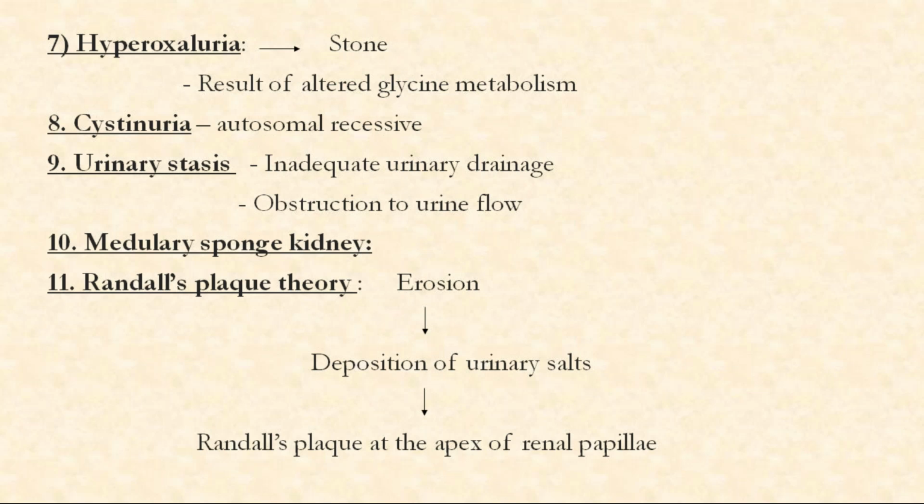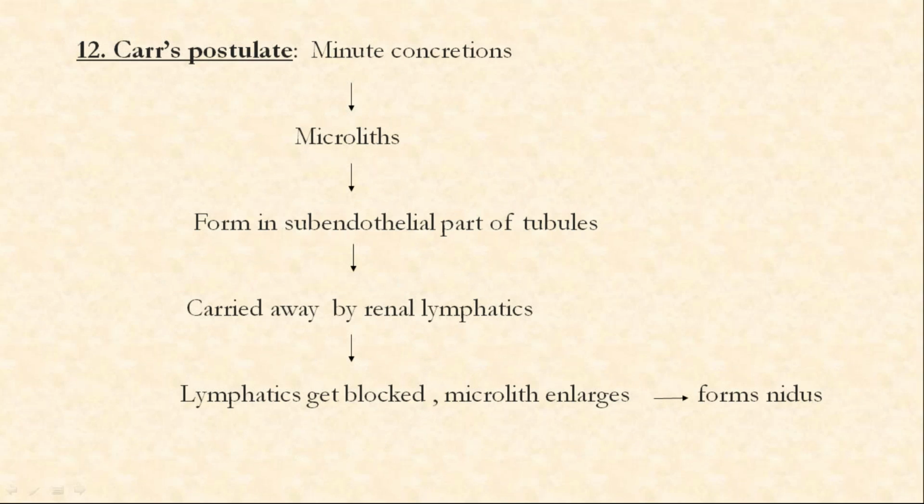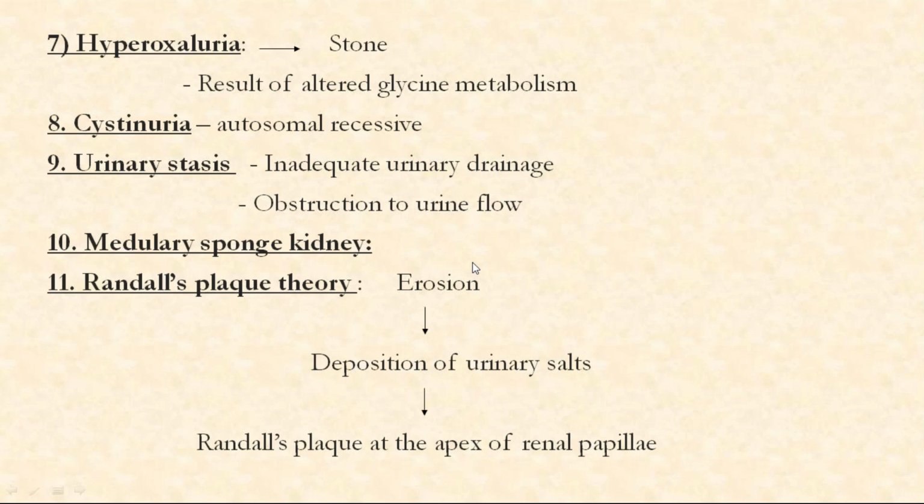This eroded material may be deposited and associated with the urinary salts because of stasis of the urine. It may combine with this eroded material. Urinary salts like sodium chloride and calcium phosphate may produce the renal stones. That is called Randall's plaque theory.